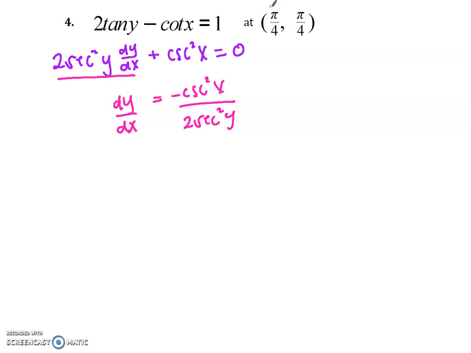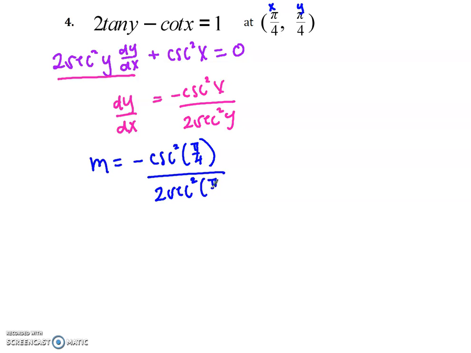Then from here, I'm going to plug in pi over 4 for my x value, pi over 4 for my y value. So to get the slope, that'll be negative cosecant squared of pi over 4 over 2 times secant squared of pi over 4.